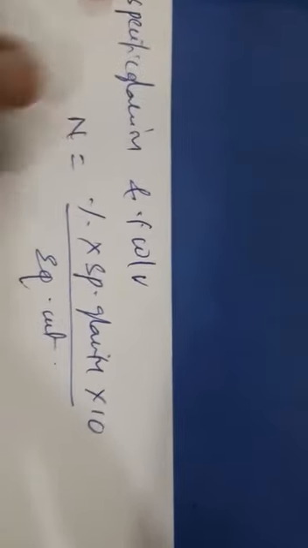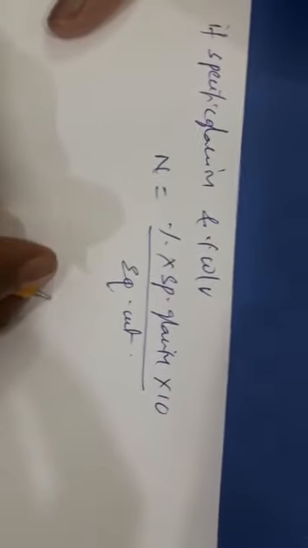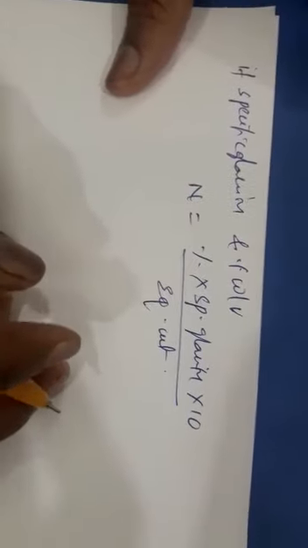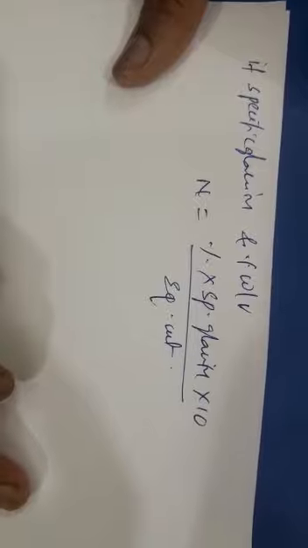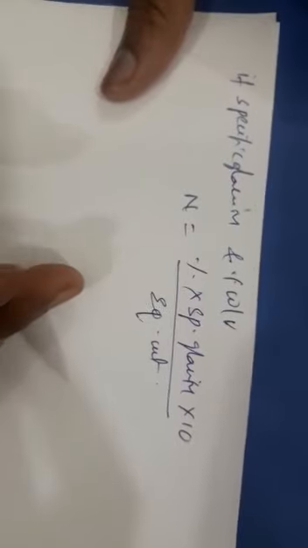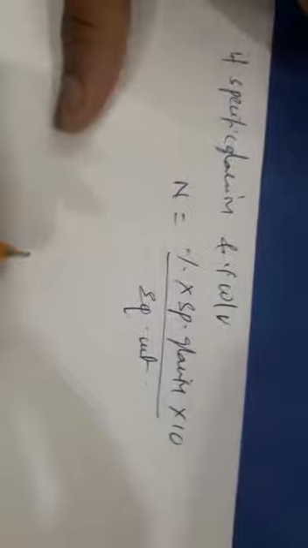Then coming to dilution, same as in molarity, we can use N1V1 is equal to N2V2. Same formulas repeated again here. Then for titrations we use N1V1 by M1, N1 is equal to N2V2 by N2.